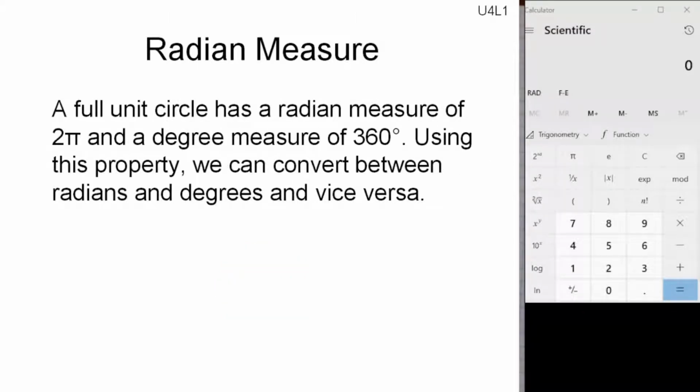Using this idea of a full unit circle that has a radian measure of 2 pi, and we know that in degrees, a full circle has a measure of 360 degrees, we can create some properties to convert between radians and degrees and vice versa.